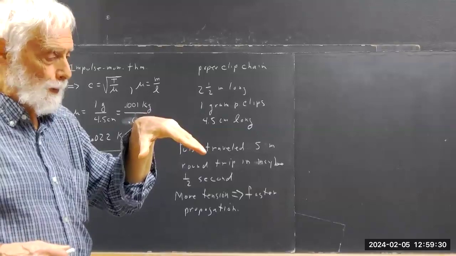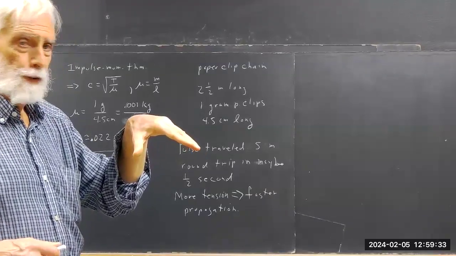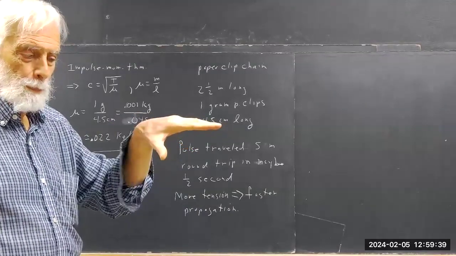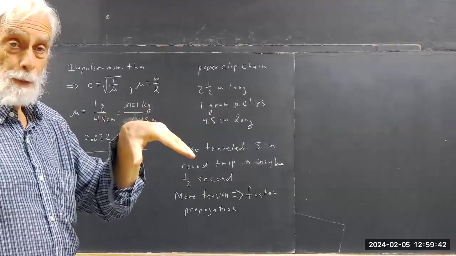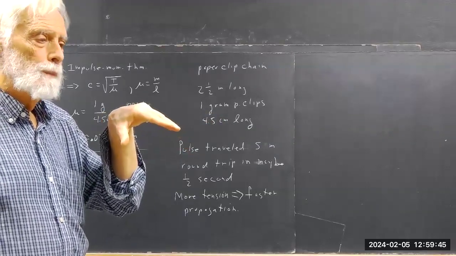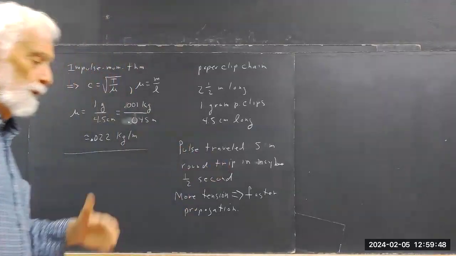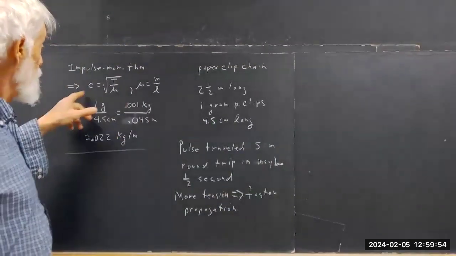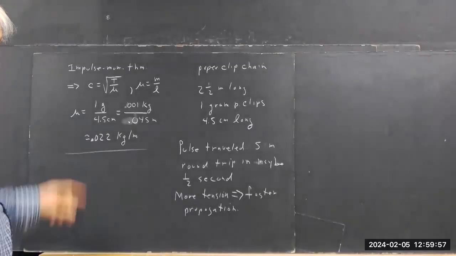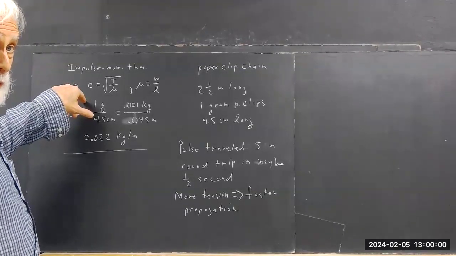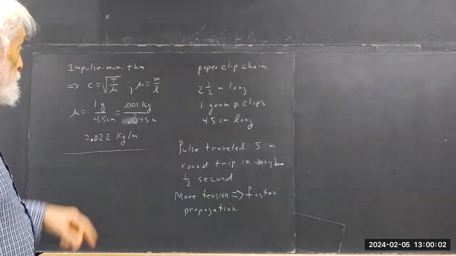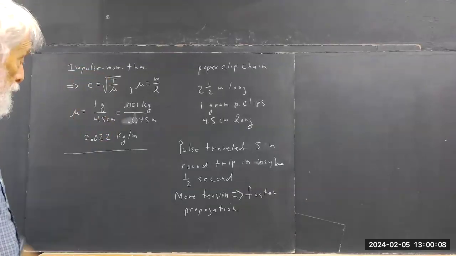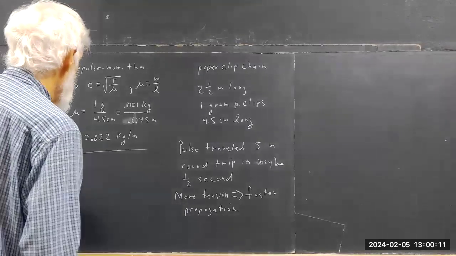The angle is fairly small, so even with the greatest sag that we saw on the video, the horizontal component is probably at least 90% of the total tension. So the tension varies, maybe a 10% variance, and you have to keep that in mind. Anyhow, there's your mass per unit length.